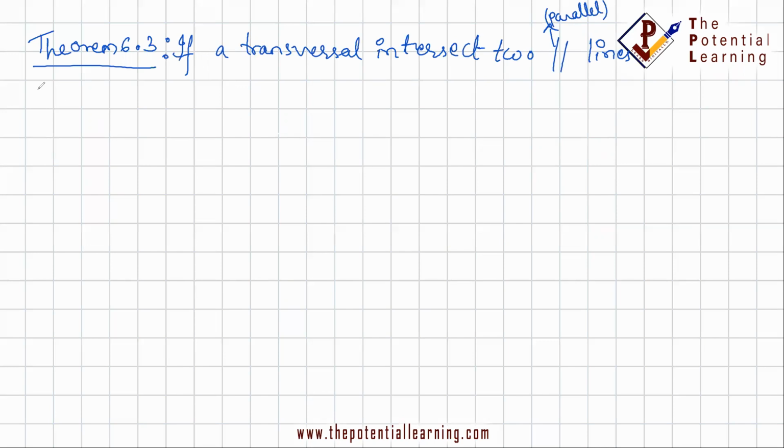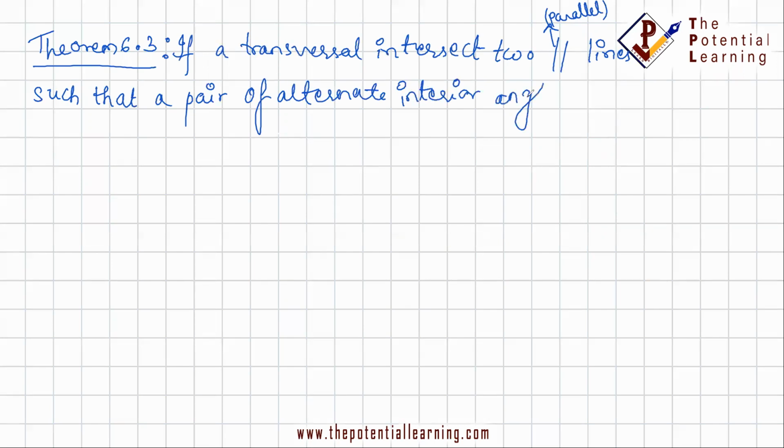So if a transversal intersects two lines such that a pair of alternate interior angles, that is what we proved just now, is equal, then what we can say? Then the two lines are parallel. Okay, so this is the proof that the two lines are parallel with this statement.